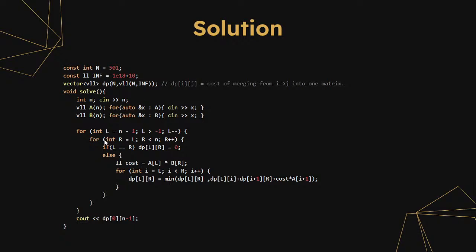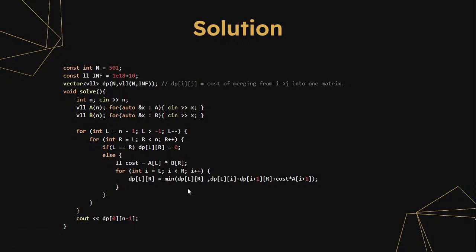So we iterate our left pointer from the right end, then we iterate our right pointer from the left end, and then for every subarray we solve the answer using another for loop for the joining point. So this will be n cube, and the final answer will be the answer of the whole DP.